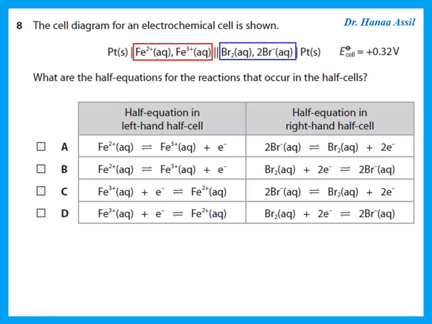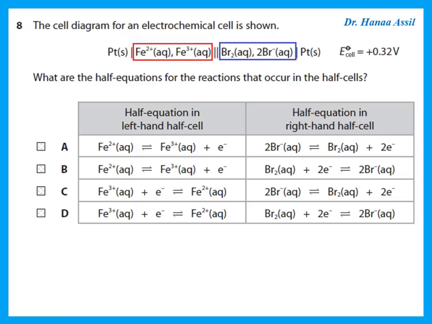What are the half equations for the reactions that occur? So looking at what he wrote, I should have on the left hand side something that says iron 2 going to iron 3 plus. So my answer should be A or B. And then in the right hand half cell, I should have Br2 going to 2Br minus.